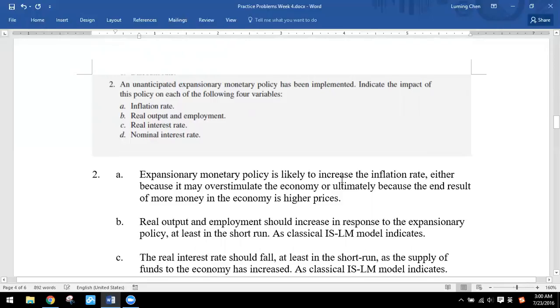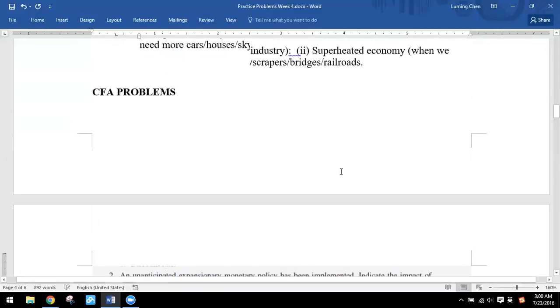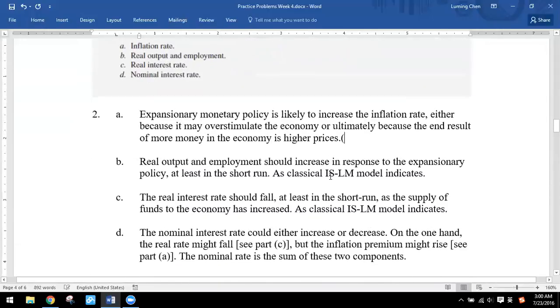So it's likely to increase the inflation rate either because it may overstimulate the economy, or because the end result of more money in the economy is higher prices. Related to the previous question, the gold price will rise.